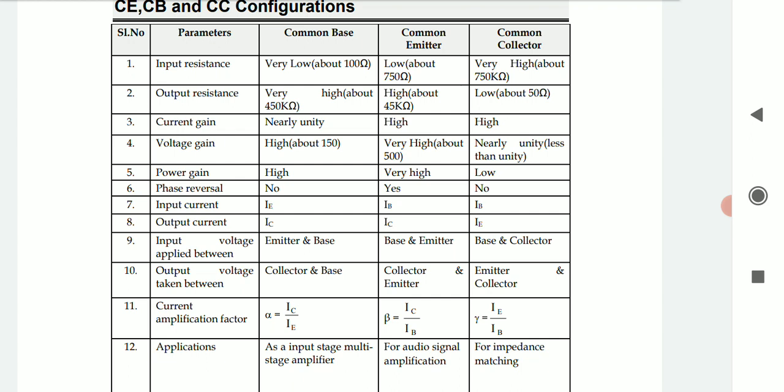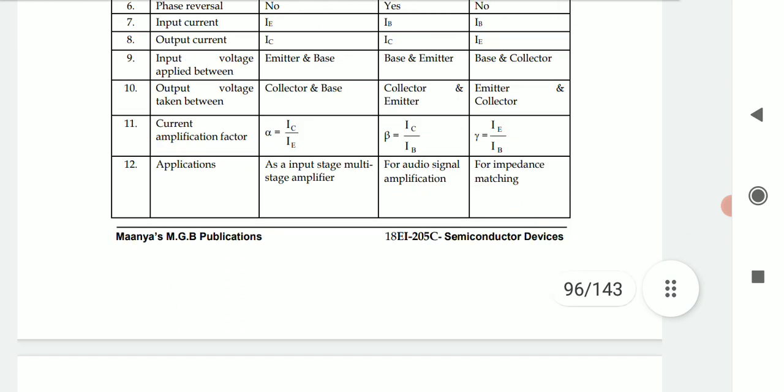Then the high output resistance of the first stage is connected to the high input resistance of the common collector configuration. Next, its output resistance is low, and that low resistance may be connected to the low resistance input of the next stage. So impedance matching can be done by using the common collector. These are the three important applications for the three different configurations.